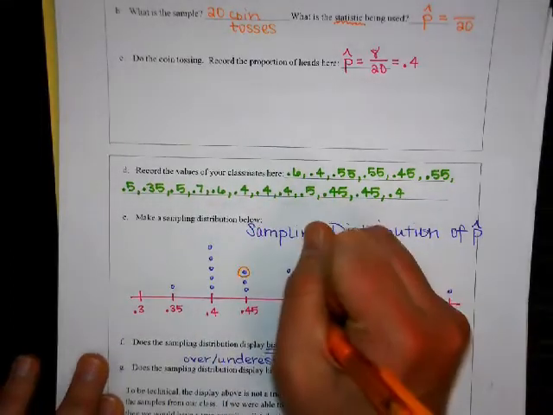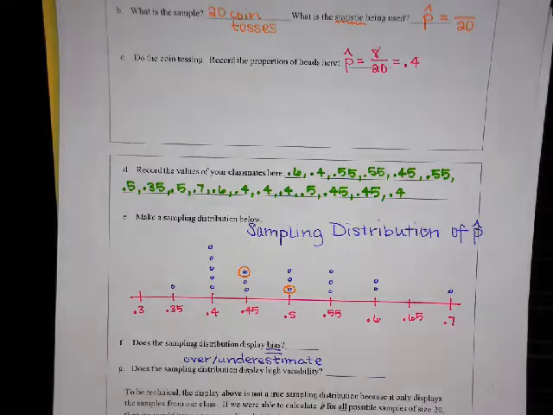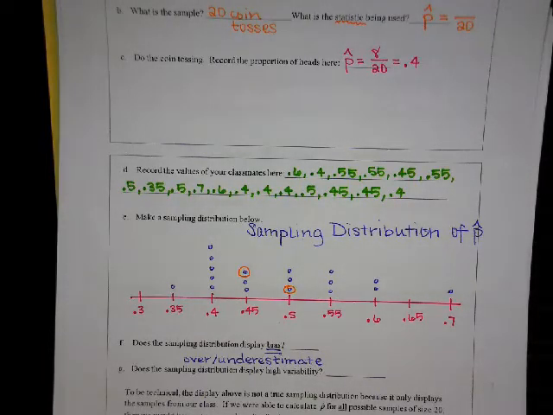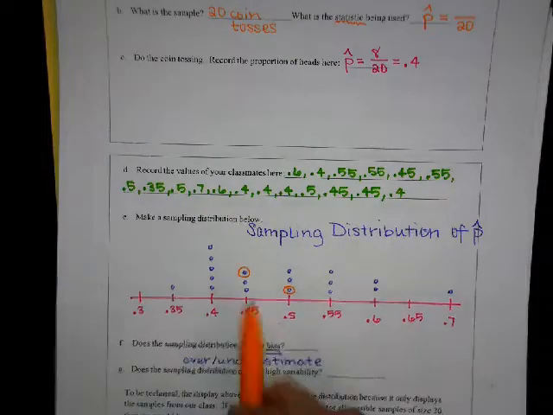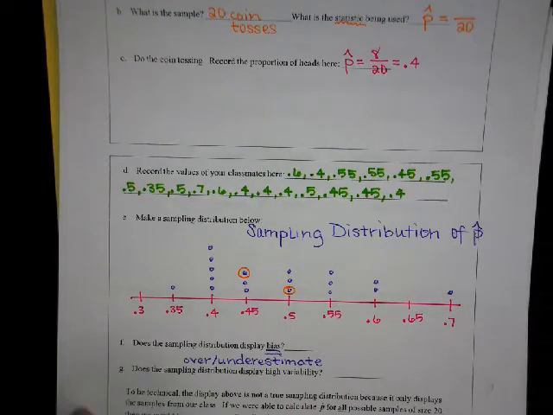So where is our center of our sampling distribution? How do we find the center given that one is here and one's there, Cheyenne? If we add 0.45 and 0.5 together and divide by 2, we get right in the middle at what? 0.475.